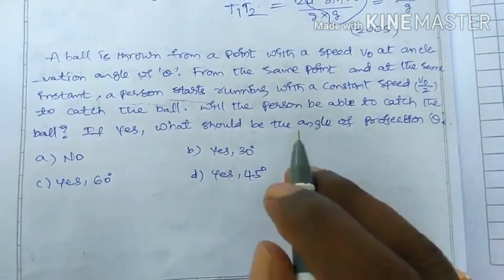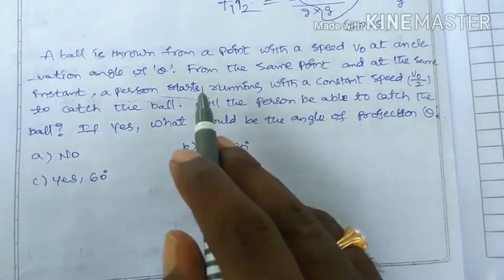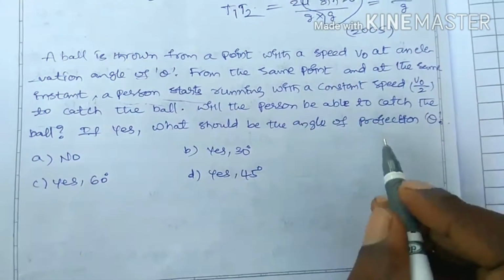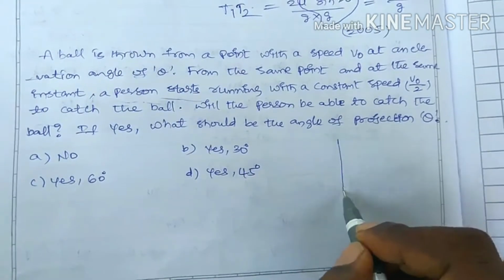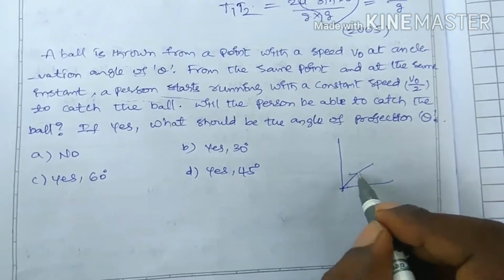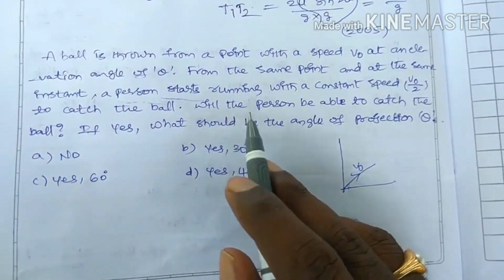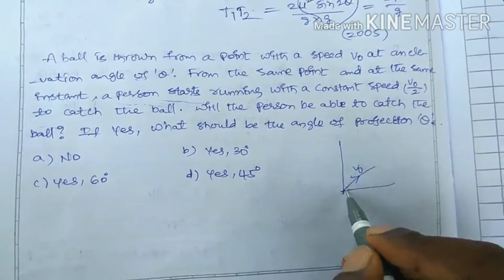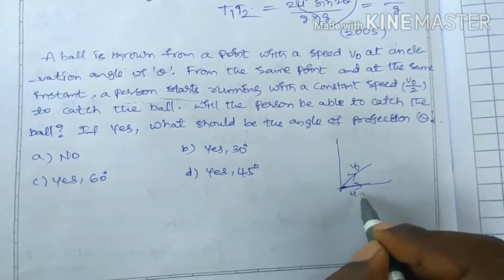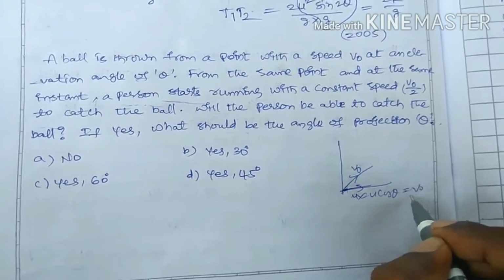So here it is a conceptual question. A ball is thrown with a speed of v0, and at the same instant a person starts running horizontally, so ux is equal to u cos theta, and it should be equal to v0 by 2.